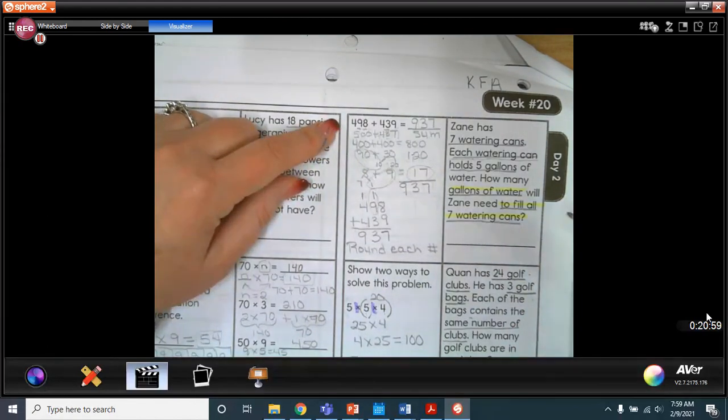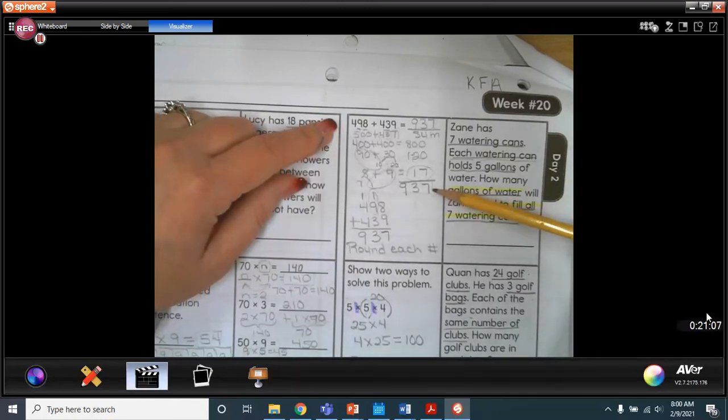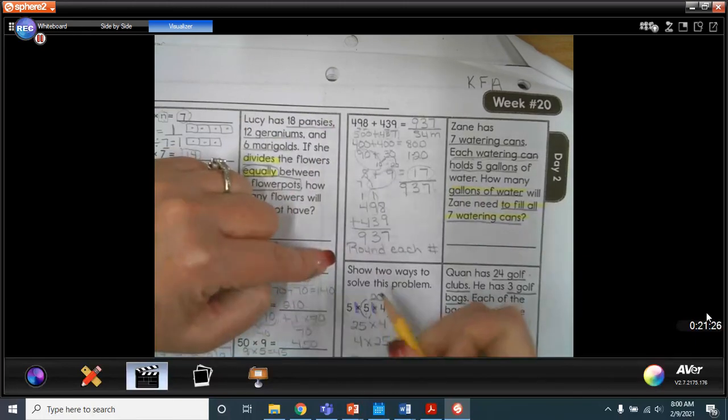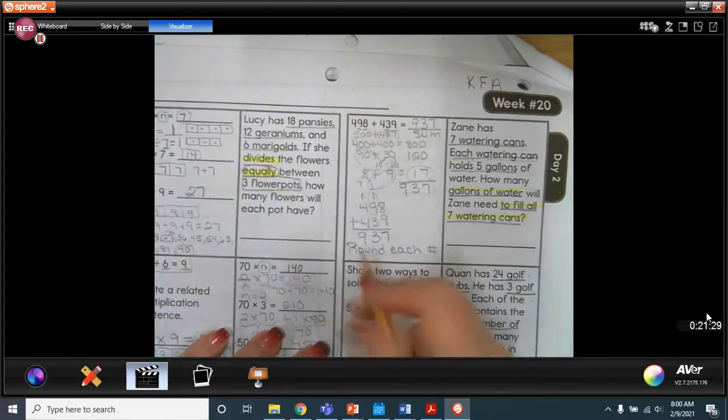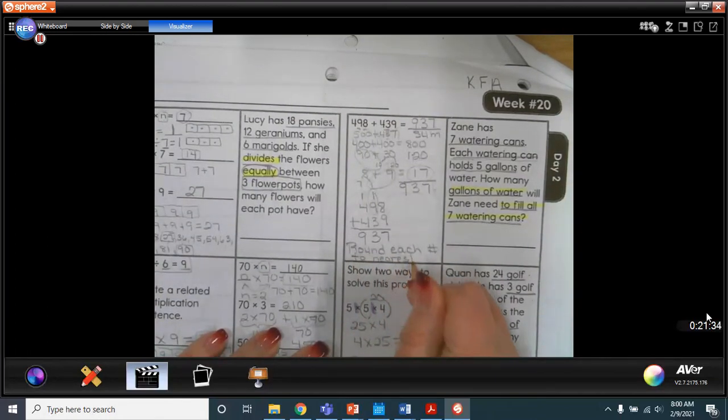Now, once you add those, look and see if that rounded amount is close to the exact amount. They should be really close. If they're not, you may have not rounded correctly, or there may be a problem with your addition. Now, we already know what the exact sum is, so it should be really close to this exact sum, especially since we're rounding to the nearest 10. So take a look at that and put that in your discussion today: rounding each number to the nearest 10 and then adding.